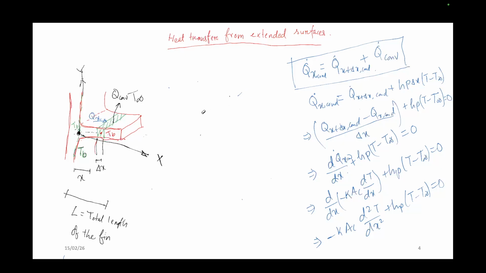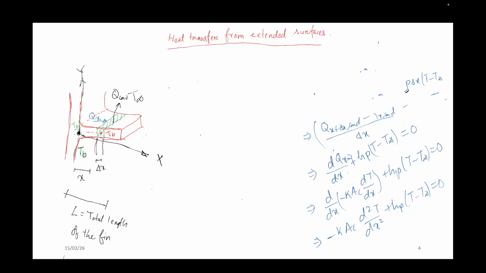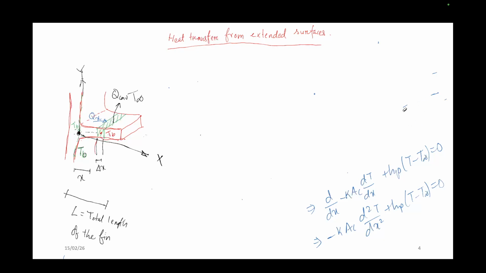This derivation may come in your exam, so up to this derivation is quite important from the exam point of view. There are certain boundary conditions. Whatever we have derived up to here gives the temperature. If you have to find the temperature at any point in the fin, you have to use this equation.